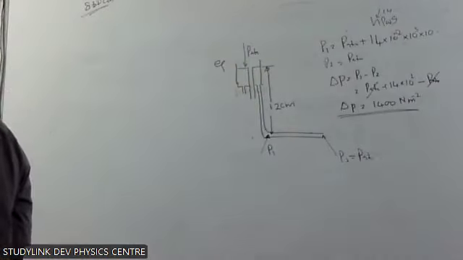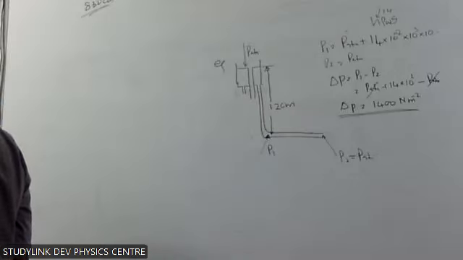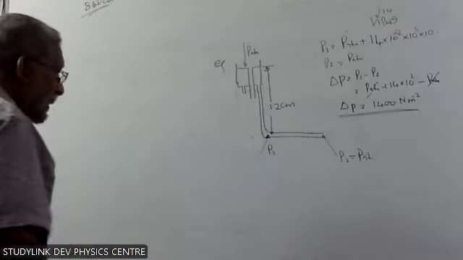The coefficient of viscosity is 1.1 into 10 to the power minus 3 N s m minus 2.